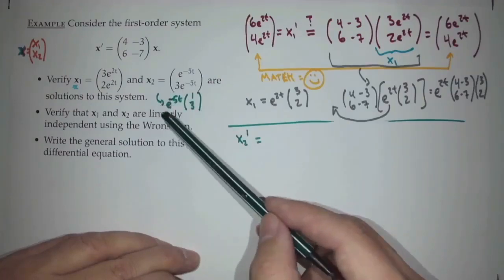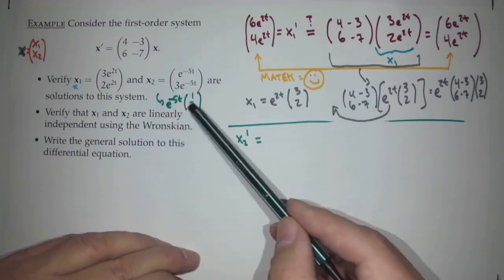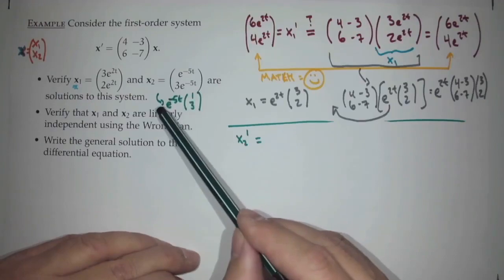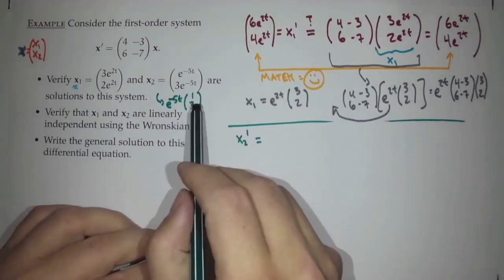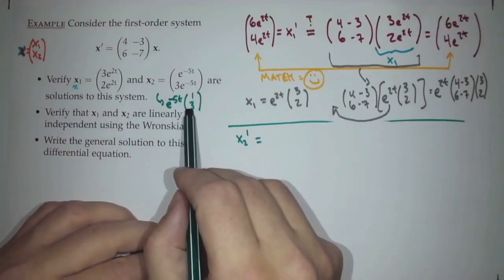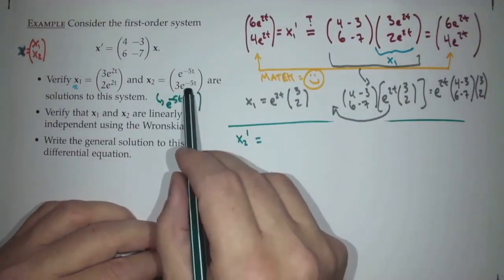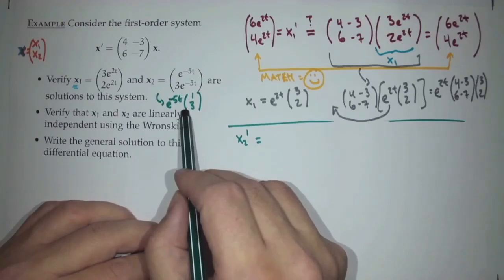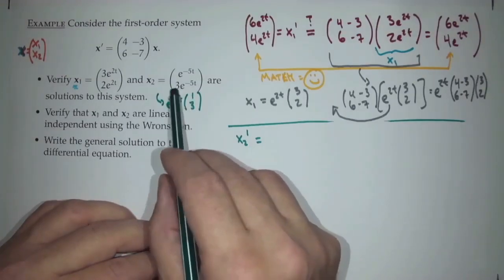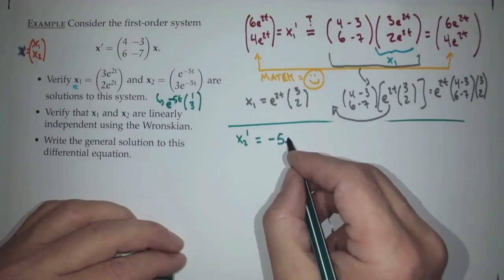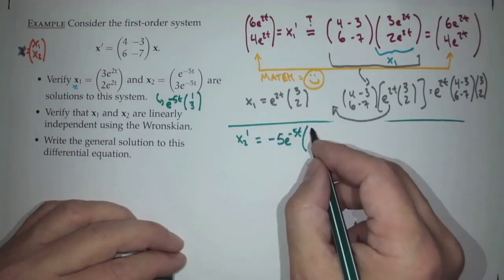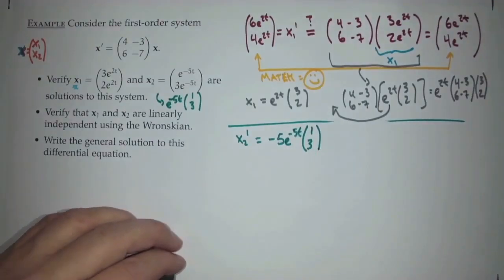So if we pull out the e to the negative 5t and take the derivative here, you should think of this as a function times a function. I'm going to put function in quotes here, this is really a constant for all intents and purposes. Because if you took the derivative of this, what would you have? 0. So what's the derivative of e to the negative 5t? Yeah, minus 5 e to the negative 5t, 1, 3. So there's our x2 prime.